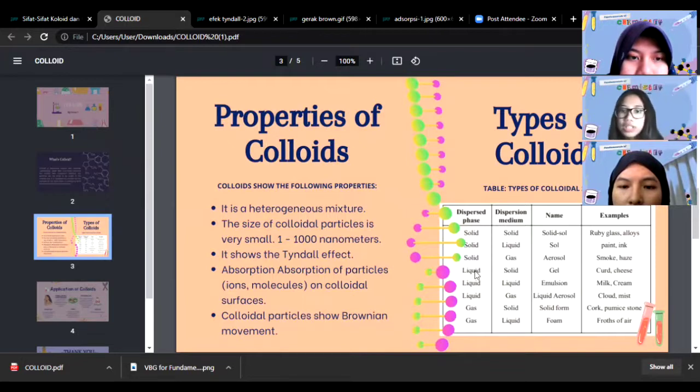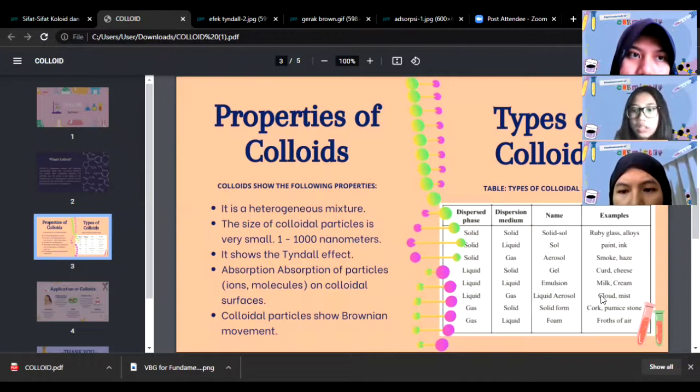For the dispersed phase liquid and the dispersion medium solid, it will be gel. For example, curd and cheese. If the dispersed phase is liquid and the dispersion medium is also liquid, it will be emulsion. For example, milk and cream. And if the dispersed phase is liquid and the dispersion medium is gas, it will be liquid aerosol.